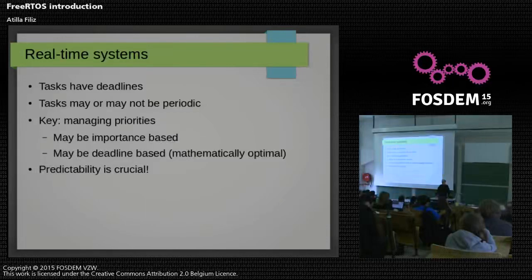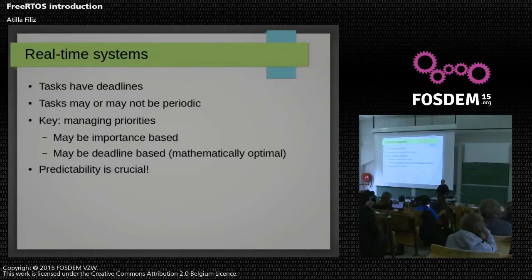Let's talk about real-time systems. I'm assuming you at least have a basic concept of what a real-time system is. Basically, whatever tasks you are handling, they have deadlines, and you need to meet those deadlines. The timing is critical. Meeting deadlines means scheduling your tasks in a smart way so that each deadline can be met in time.